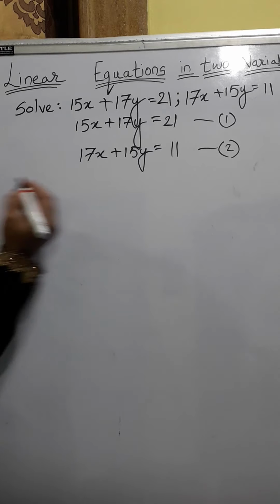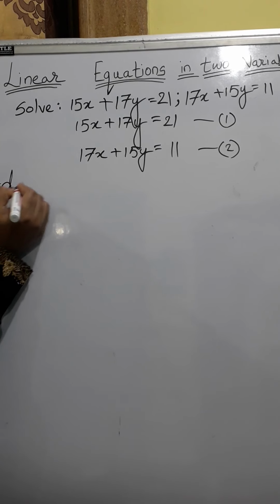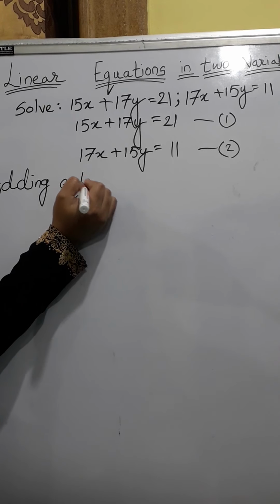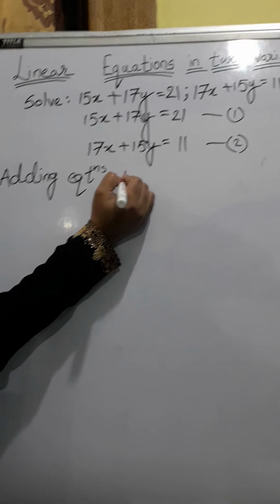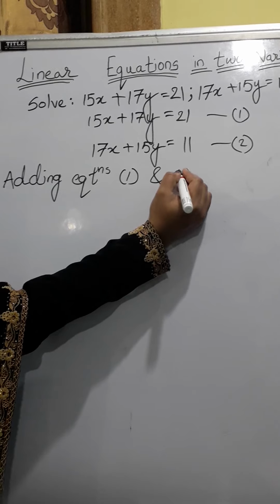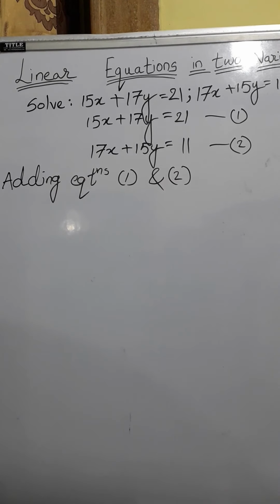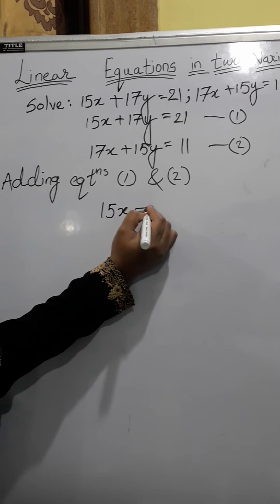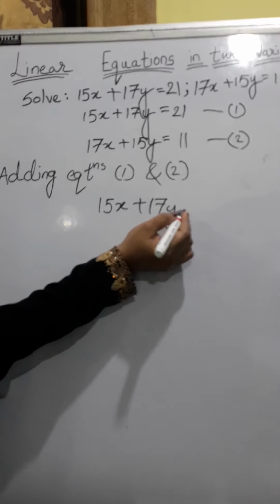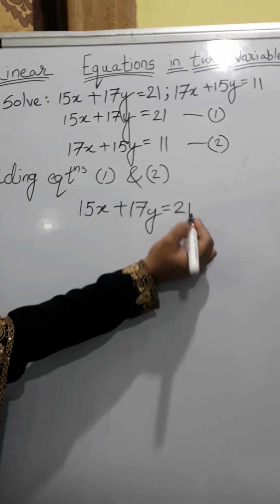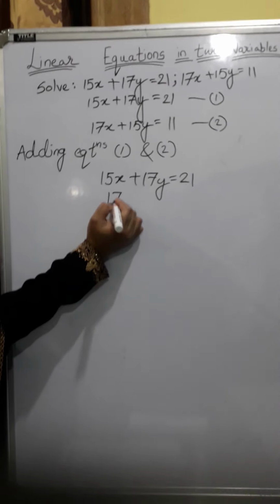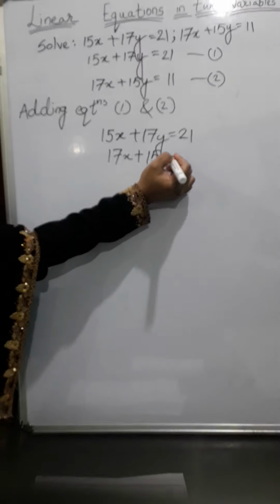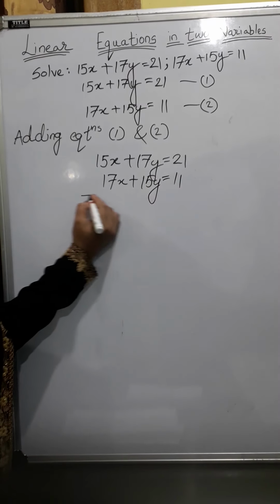Now what we have to do is add equations 1 and 2. So now see, by adding, what type of equations are we getting? 15x plus 17y is equal to 21, and 17x plus 15y is equal to 11.